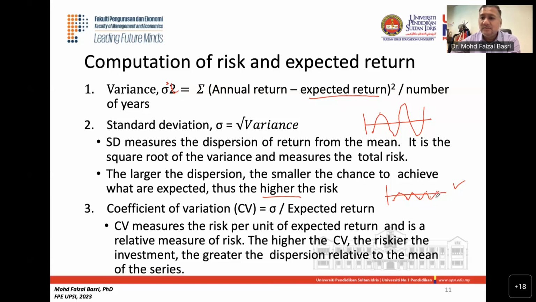And in order to measure these movements, we use standard deviation. And the third measurement, we can use the coefficient of variation, simply standard deviation divided by the expected returns. So this is just another measurement of risk.